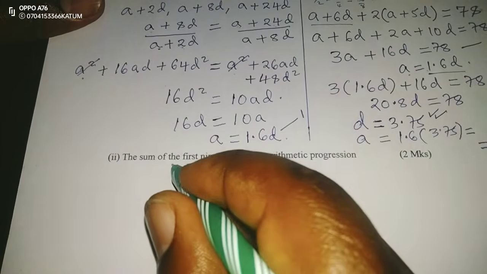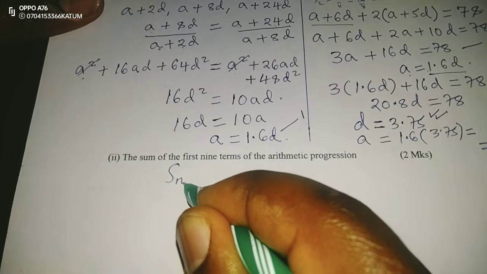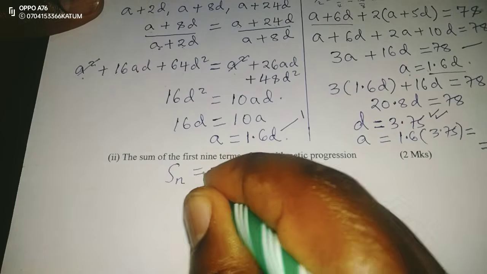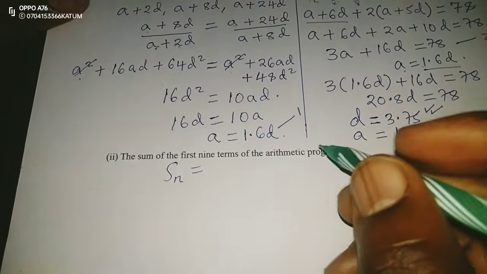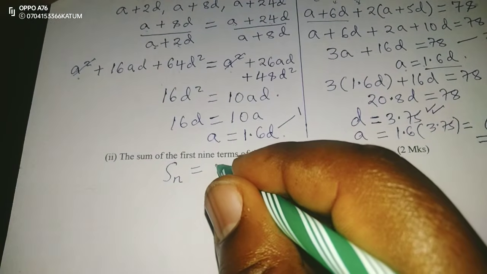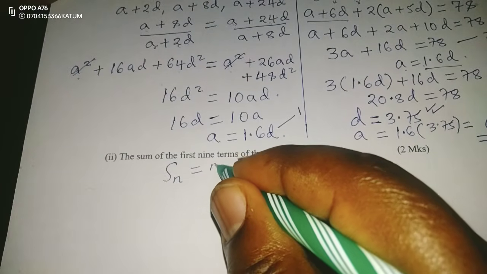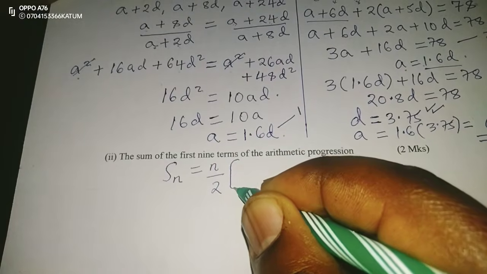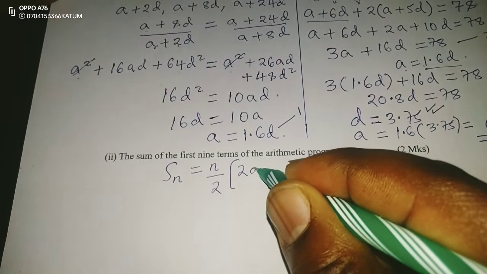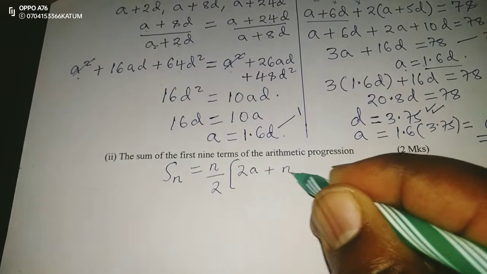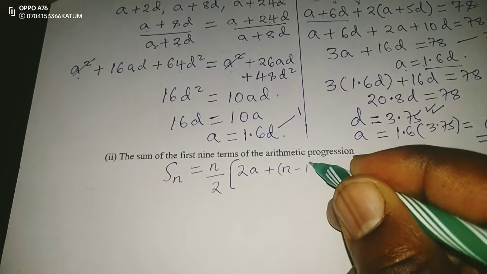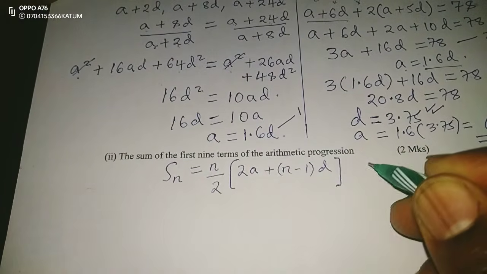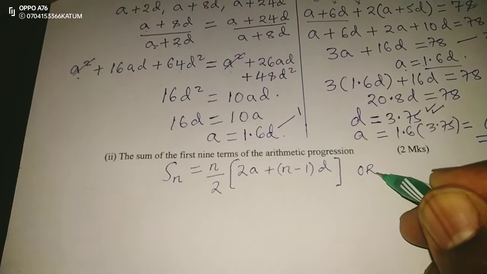The sum of a given number of terms in an arithmetic progression is given by n over 2 into 2a plus n minus 1 multiplied by d, and we close the brackets.